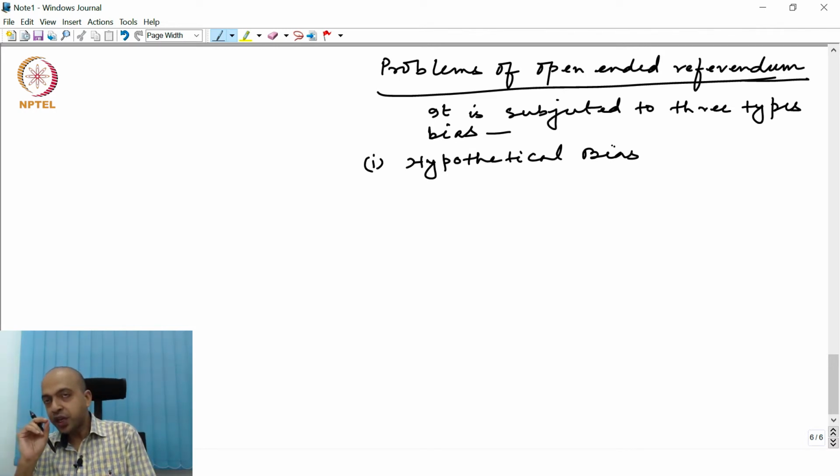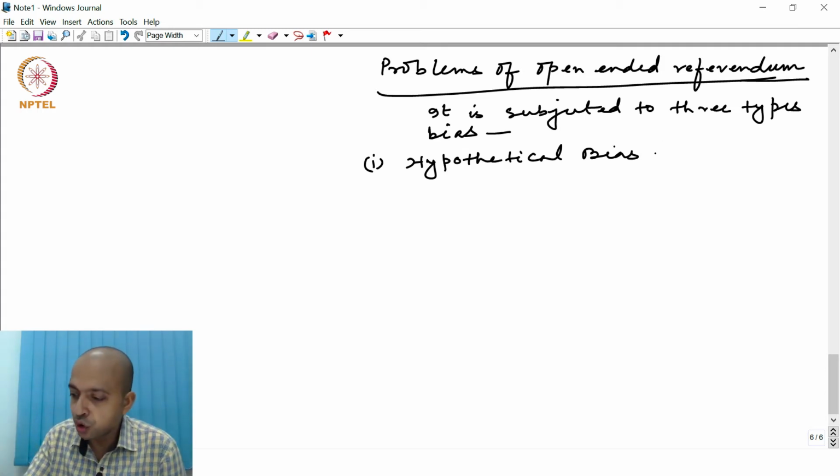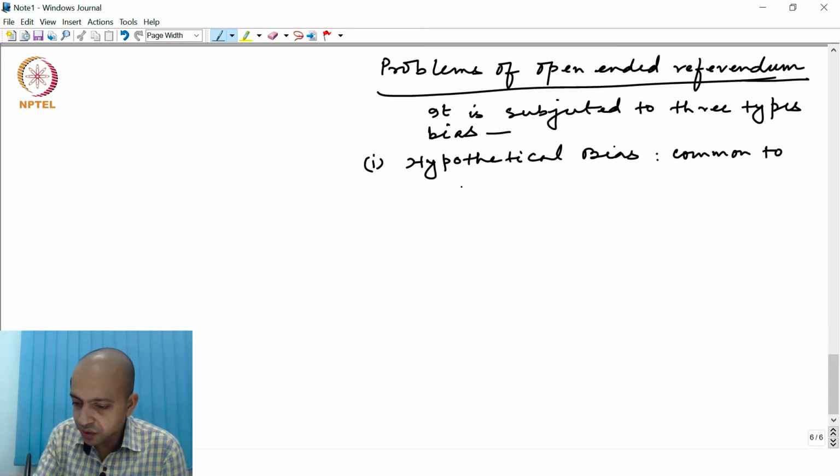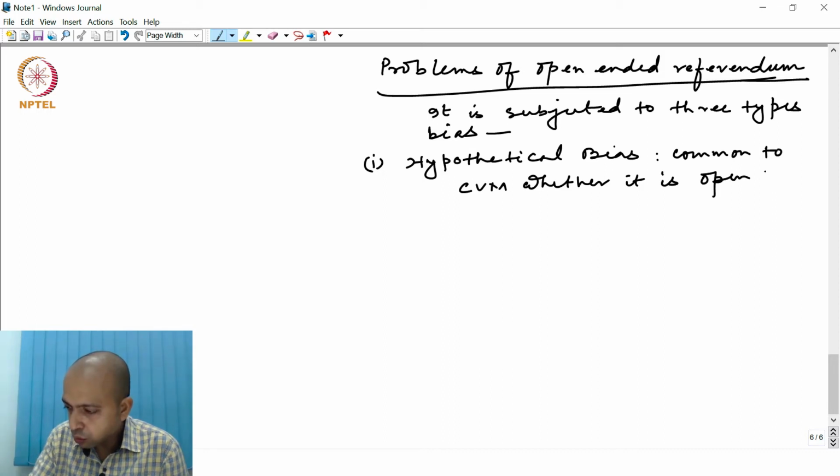Right? So inappropriately creating the hypothetical market leads to hypothetical bias, which is common to CVM, whether it is open-ended or closed-ended.